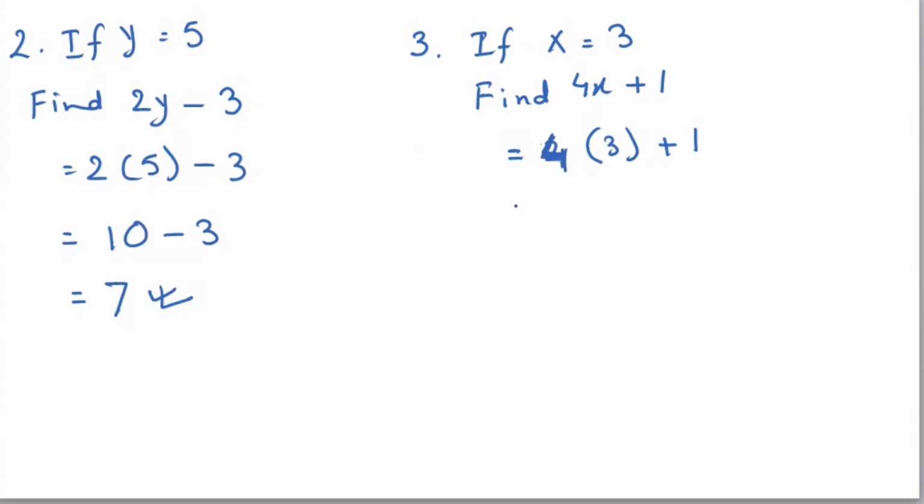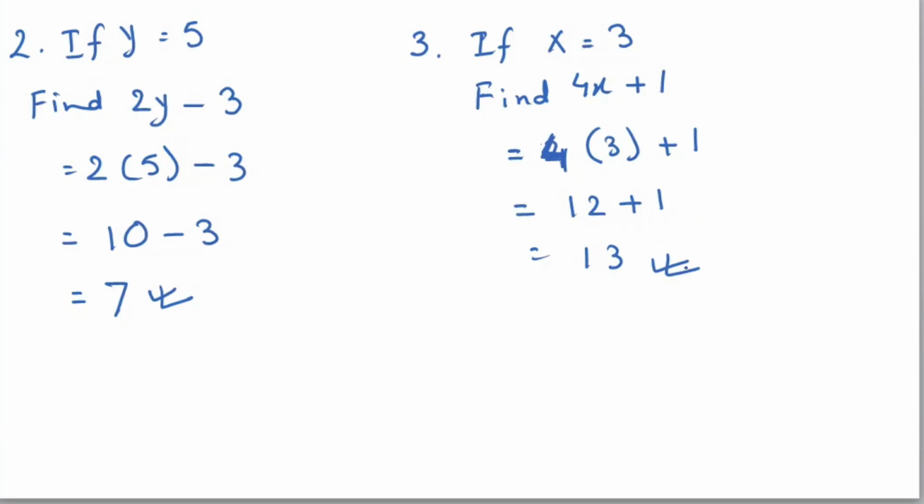Then in step number 2, we multiply the variable with the coefficient. Then 4 times 3, it will be 12 plus 1. Here it is addition. So in step number 3, we have to add it. So 12 plus 1, it will be 13. So our answer will be 13.